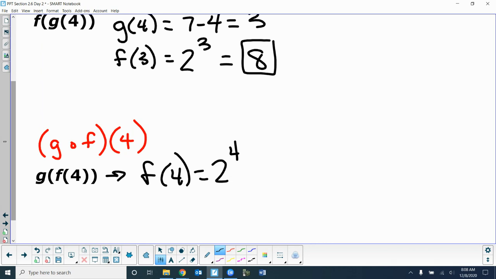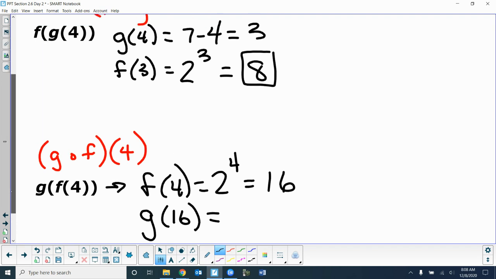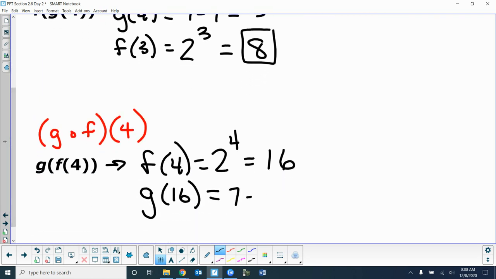So I put 4 in place of the x. That's 16. So then I'm going to find g of 16. So you're taking the answer to the first one and plugging it into the second one. And what was that again? 7 minus x. So we're going to go 7 minus 16, which is what, negative 9?